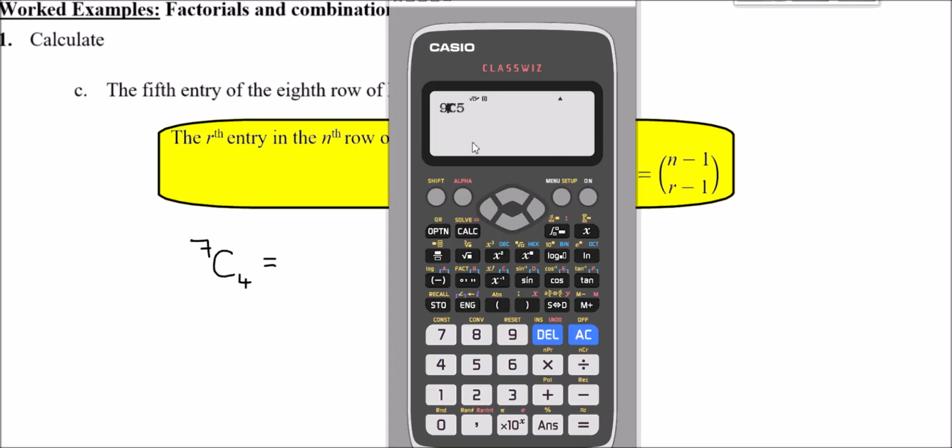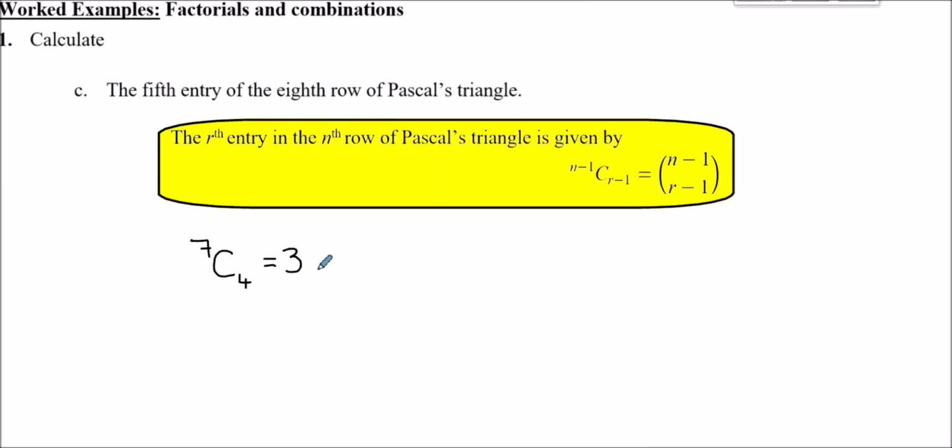If you've got a combination already on your calculator, you can press back and forward to just edit the numbers. So 7C4 is 35. I now invite you to check from your first lesson if that is the 5th entry on the 8th row of Pascal's triangle, and I'm sure you'll find that it is.